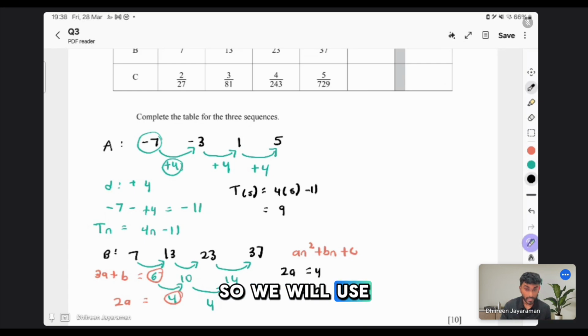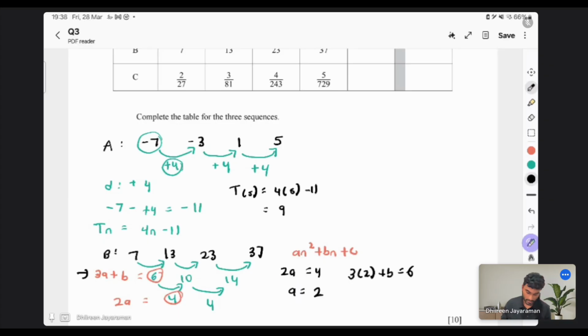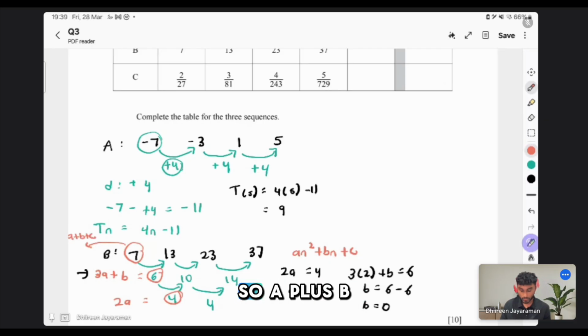So we will use the a value in the first line. So 3 times 2 plus b equals 6. So we get b equals 6 minus 6, b equals 0. And for the third equation, we have a plus b plus c, which equals the first term.